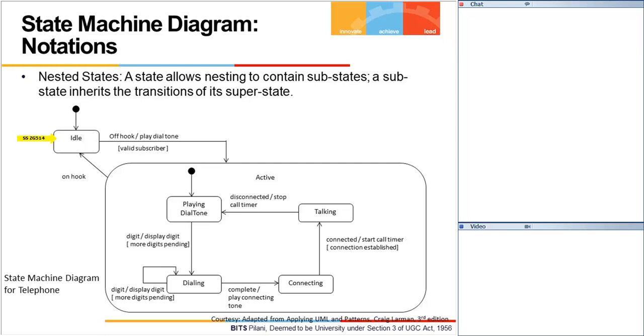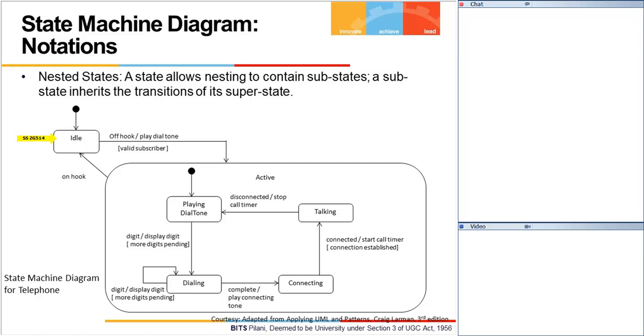But of course, you can never reach a level at which you can say that this is the complete or the only correct version of the diagram. This is what we discussed earlier also. The idea is that you should be able to capture the most important states, transitions, and guard conditions.